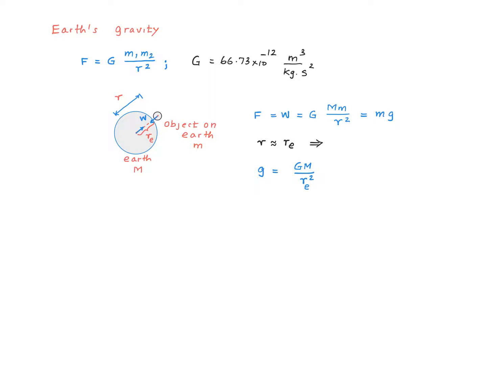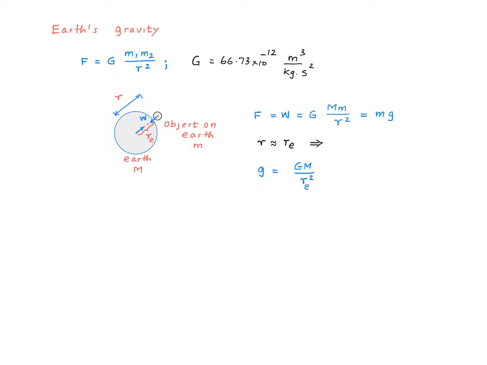Here, the object that I have in mind is the usual small object, like the iPad that I'm writing on right now. In that case, the radius of the object is so small compared to the radius of the Earth that the sum of the two, RE plus the radius of the object, will be approximately equal to R.